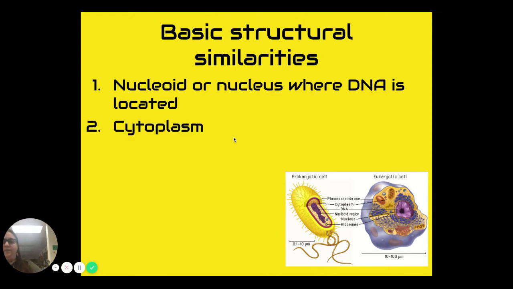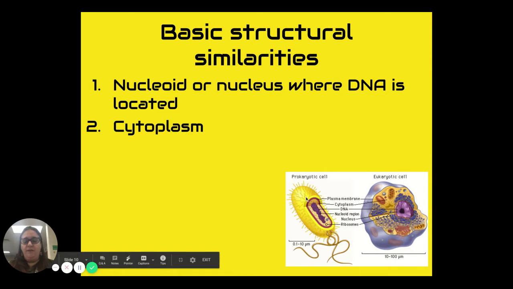the DNA. The next piece that all cells have in common is they all have cytoplasm inside of them. Okay, so in the prokaryotic cell, it's going to be all throughout there and surrounding that nucleoid region. And in the eukaryotic cell, it's going to be where all of those organelles are found.